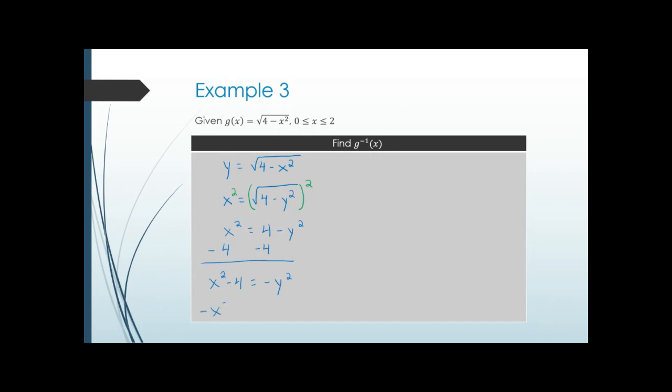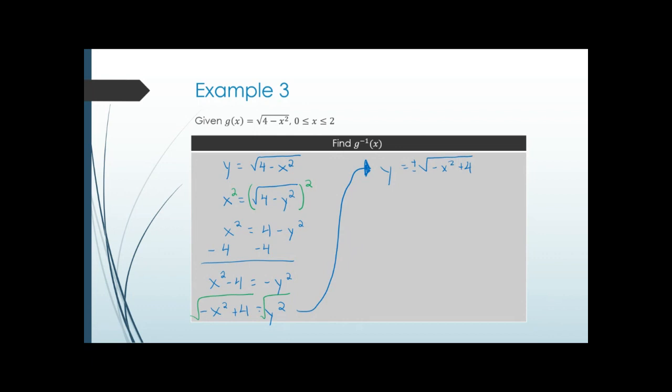So that becomes negative x squared plus 4 equals y squared. Now I need a y, not a y squared, so I need to take the square root of everything in order to get y. And we get y equals the square root of negative x squared plus 4.